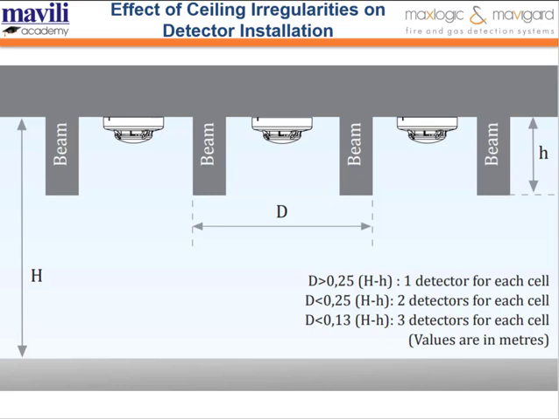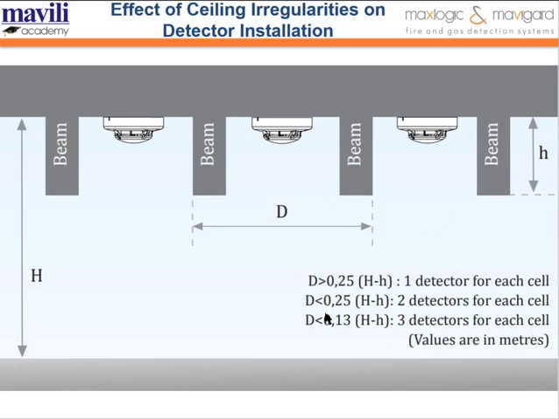First, the distance between two beams measured from edge to edge should be determined and defined as capital D. Then the difference between the total room height, capital H, and the beam depth, smaller h, is calculated. According to the standard, if the distance D is greater than 25% of the difference, a detector should be installed in every cell between the beams.